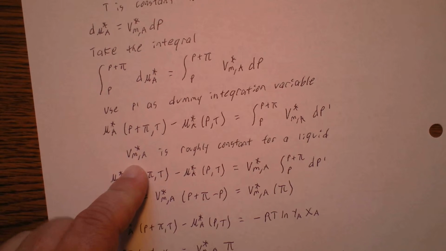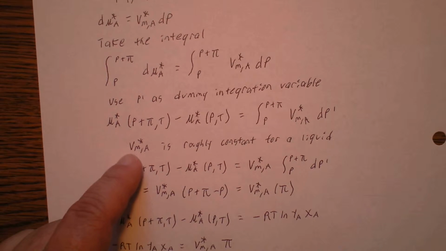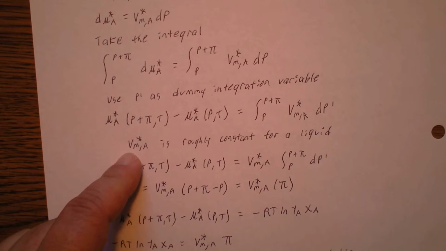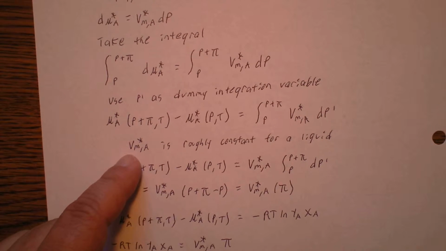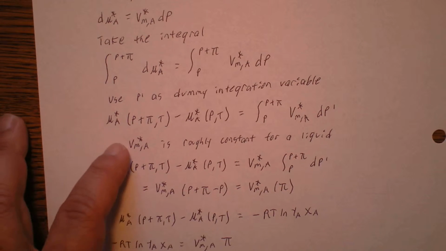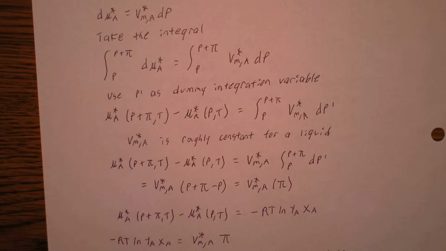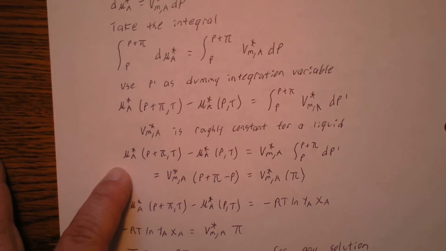Now remember, liquids aren't really compressible, so we're going to say that the molar volume of substance A for the pure state is roughly constant, just like you would do for pretty much any solid or liquid.